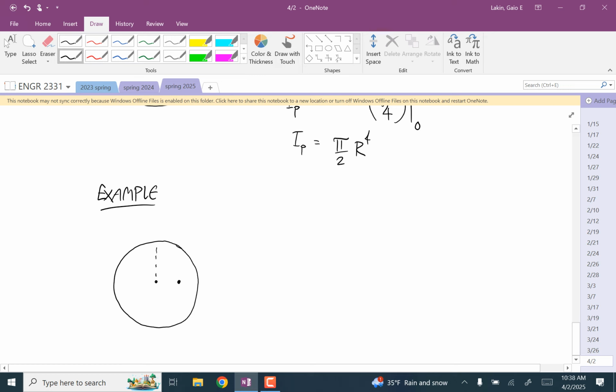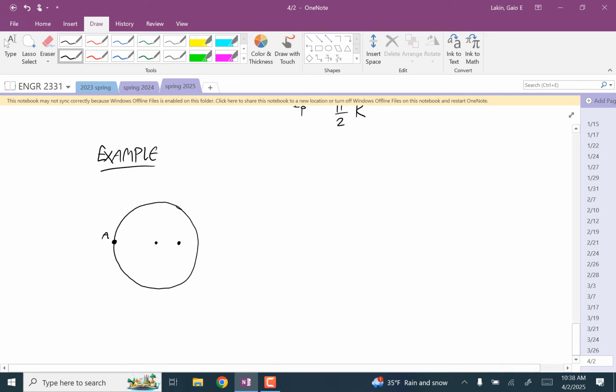That's what I have in my notes. So let's calculate the stress at two spots. This is the point A, and this is the point B. This is the centroid. Our real coordinate system, as always, is y this way and z this way, but that doesn't mean that's our temporary coordinate system to start with. The radius, let's say, is 5 centimeters.